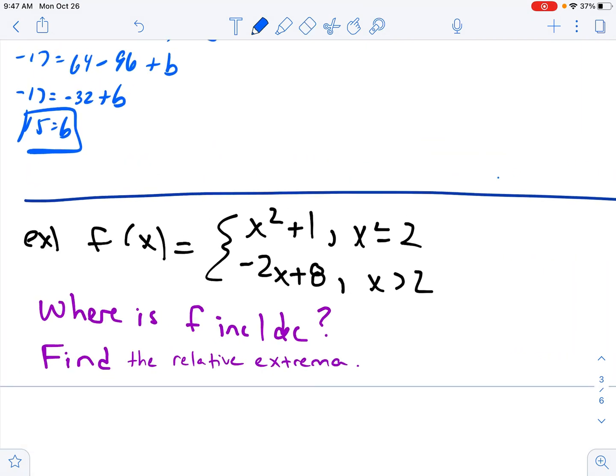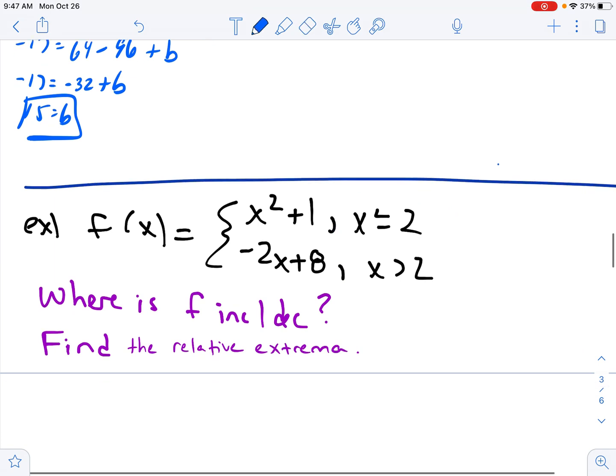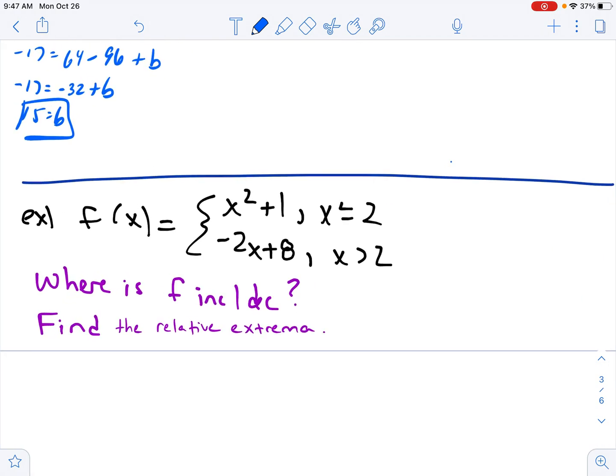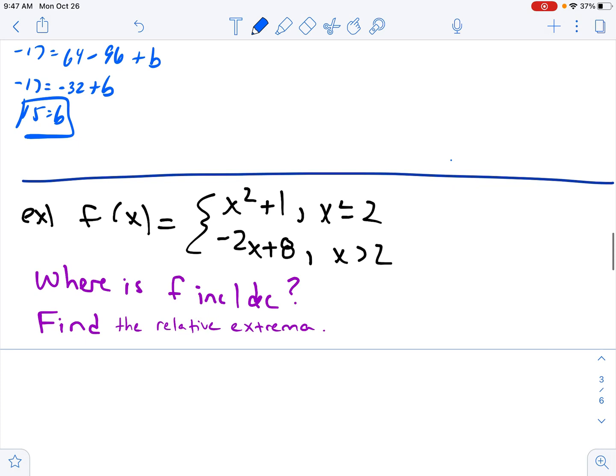Okay, at 2, we really should be seeing if this thing is differentiable or not, because that could be a critical point. Okay, so let's go ahead and take the derivative of this thing. All right. Well, I'm going to test for continuity, I guess, first. Let's see. Does f of 2 exist? Yes, we can see that it does.